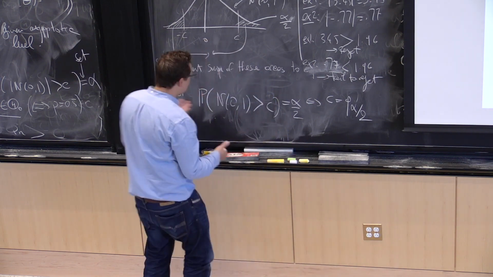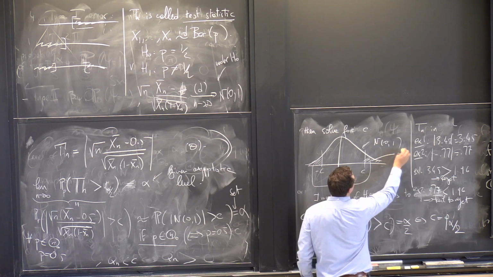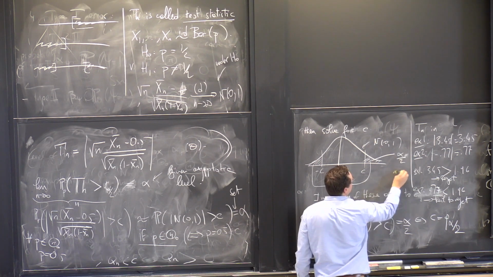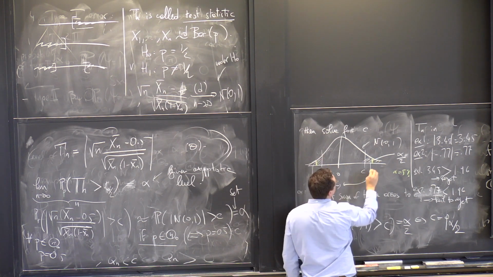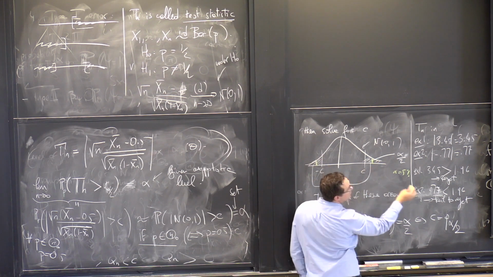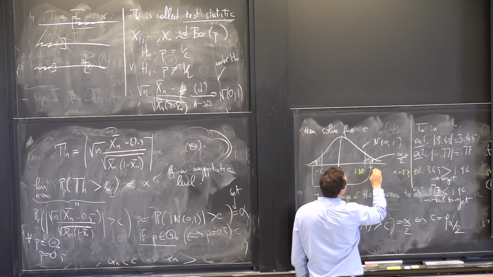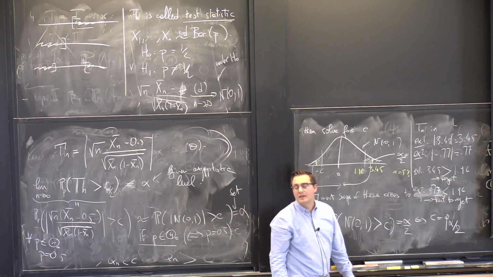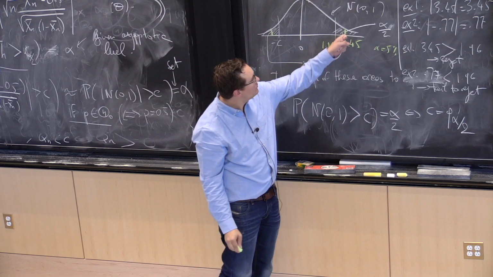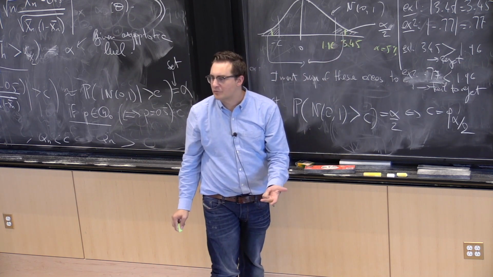Right? So let's say this was my 5%. If alpha here, in this picture, is 5%, that means maybe I need to push here. And this number is going to be 1.96, and this number here is going to be 3.45. Clearly to scale. Now there are two ways I can understand this number 3.45.